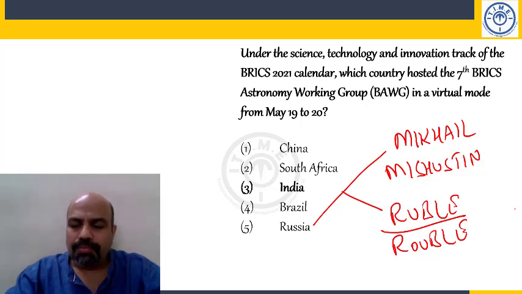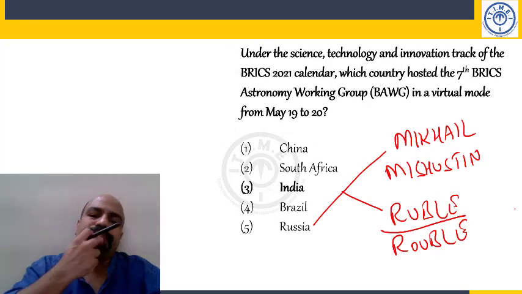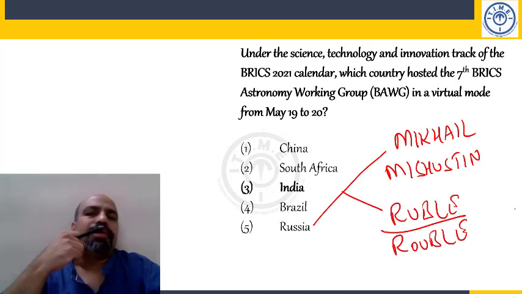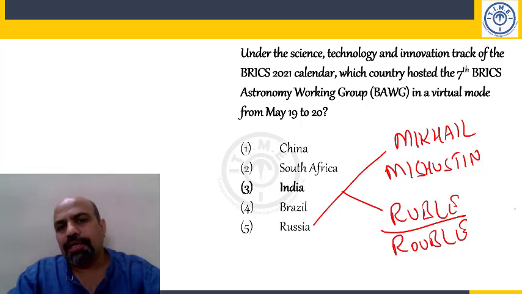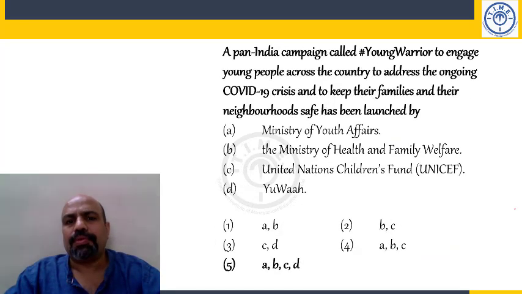One more thing: Russia, you could write, world's largest producer of natural gas. It has the largest natural gas reserves in the world.